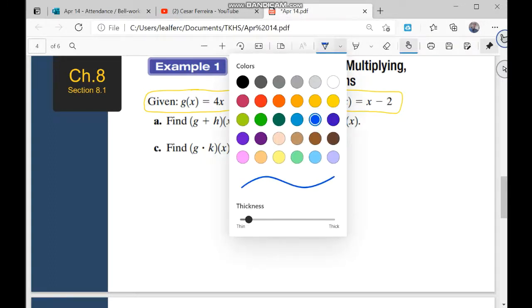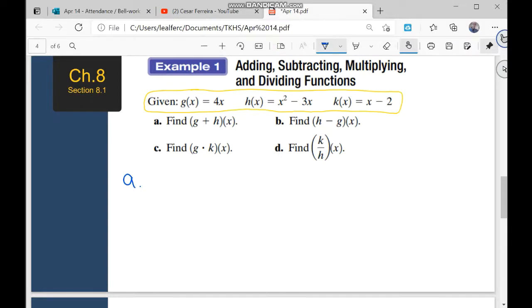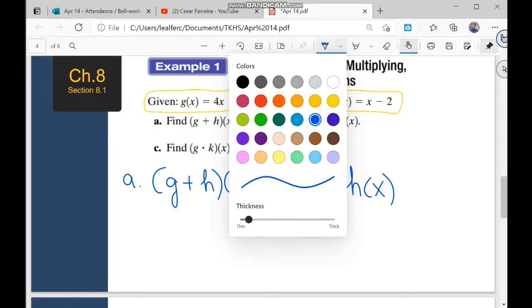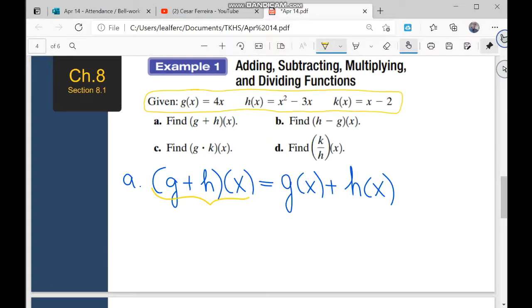The first example, letter A, is to find (g plus h) of x, okay? And this is going to be g of x plus h of x. This is only a different way of representing the addition of these two different functions.